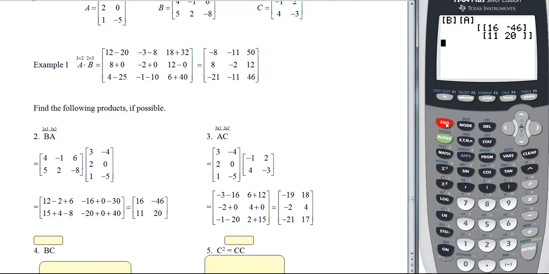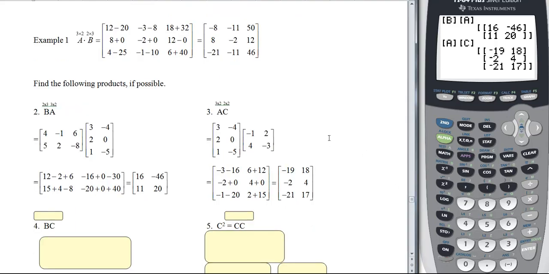Try it via calculator. You do need to know how to do this by hand. Even though on the test I won't be able to see it, there are some problems that you cannot do in your calculator. You'll find those.